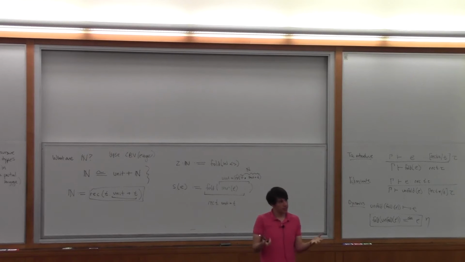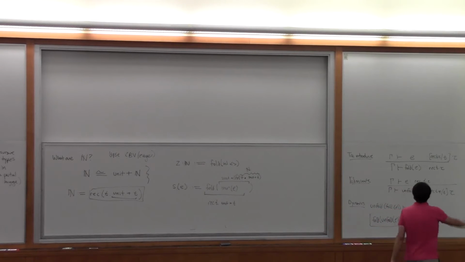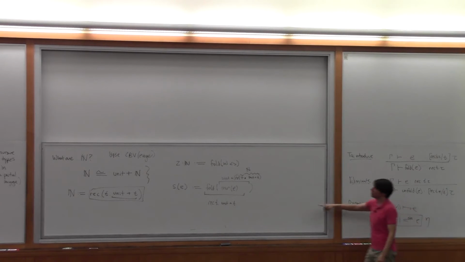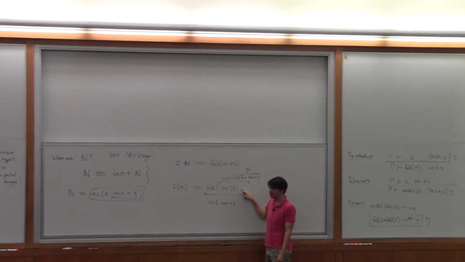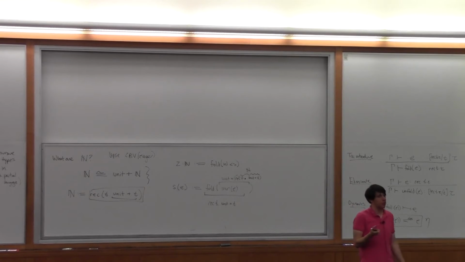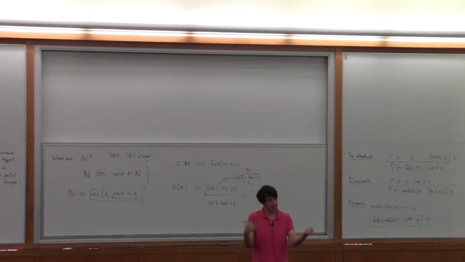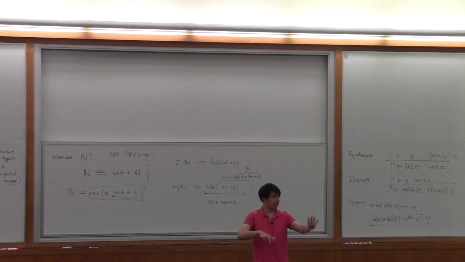So what we've got on the table now is a notion of natural numbers, where from the fold we can construct 0 and successor. From the unfold, we can do a case analysis on whether something was 0 or was successor. Similarly for lists, if we did the corresponding thing, we would get something where you have nil and cons, and you can do a case analysis that says, is something nil, or is it cons? And if so, when it's cons, you get the head and the tail. Okay? Good?